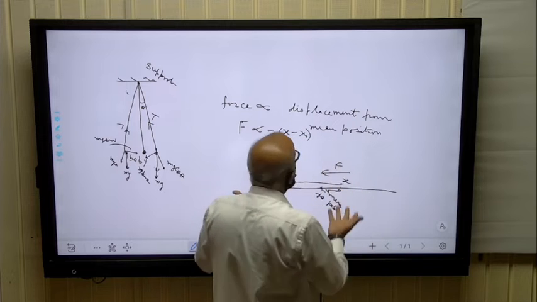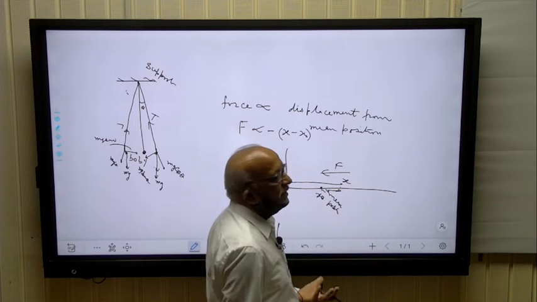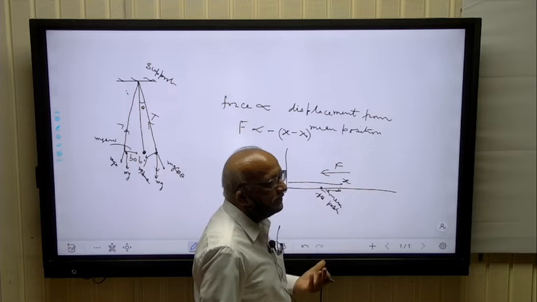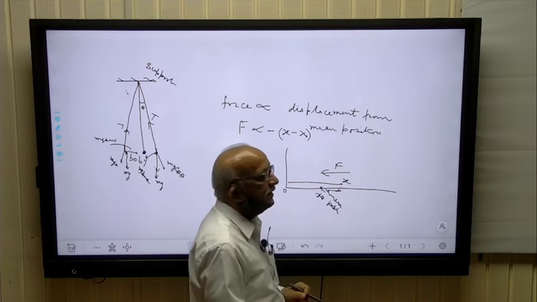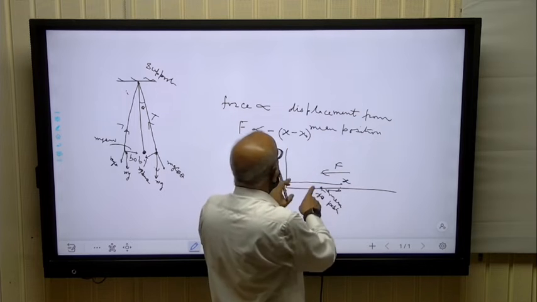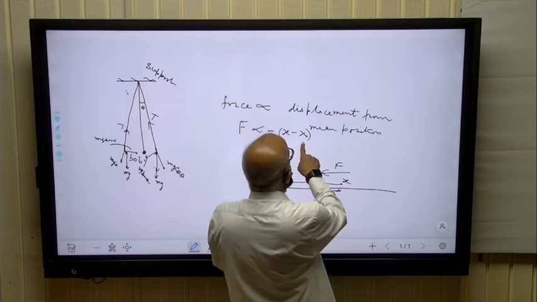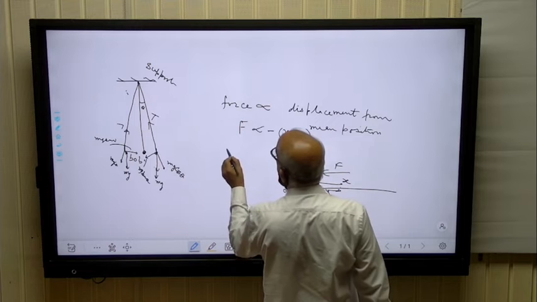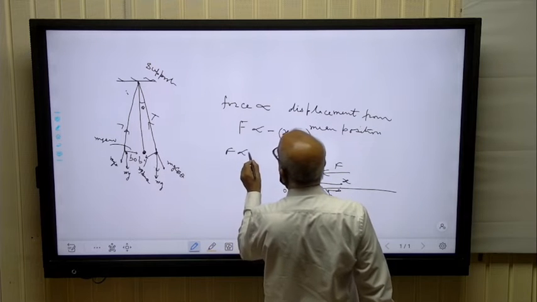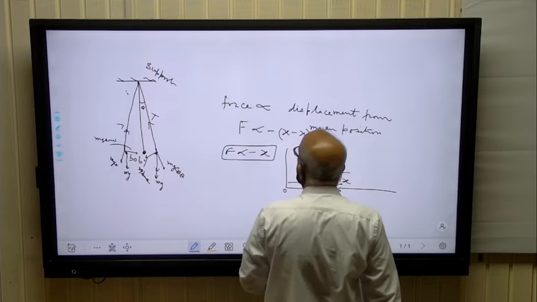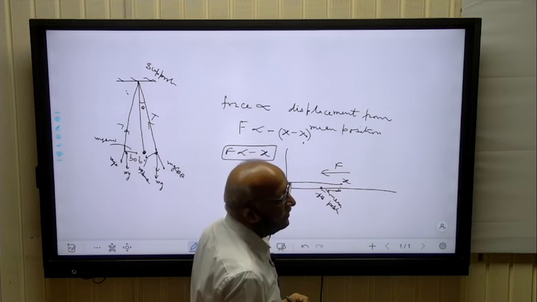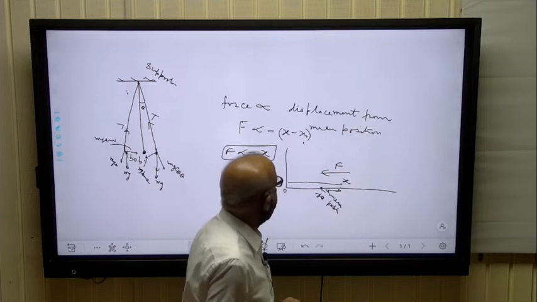Now, to make the concept simpler, let the mean position be at the origin. If we make this, then x0 will be 0. So, F is proportional to minus x. This is the basic condition of simple harmonic motion.